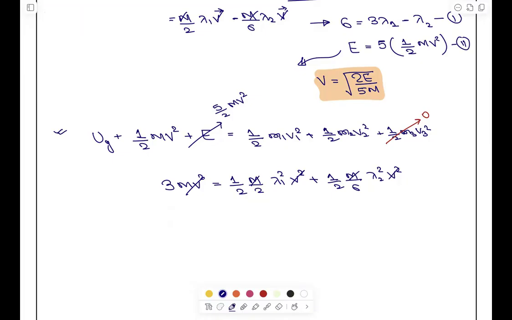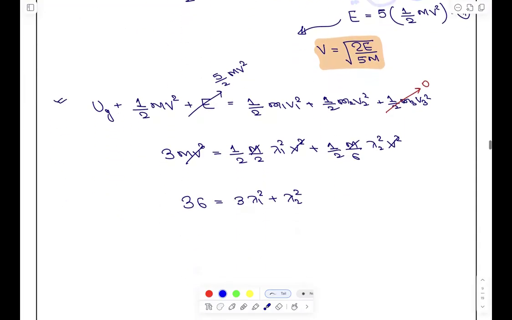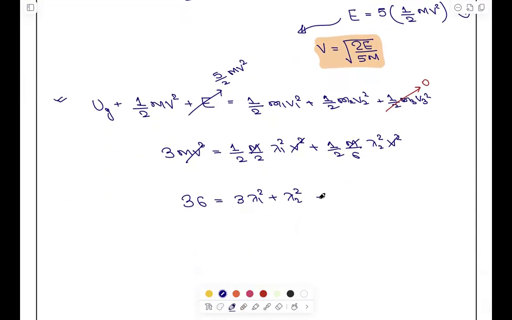So from here, take the common denominator: here you have 4, here you have 12. Let's take 12, so it becomes 36 here. It will simply become 3 lambda 1 square plus lambda 2 square. Now we put in lambda 2. From the first equation, lambda 2 is 3 lambda 1 minus 6. So 3 lambda 1 square plus the whole square of 3 lambda 1 minus 6.